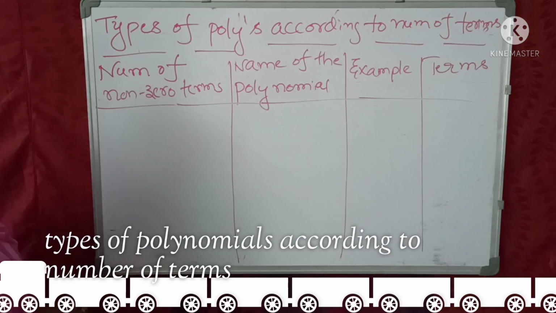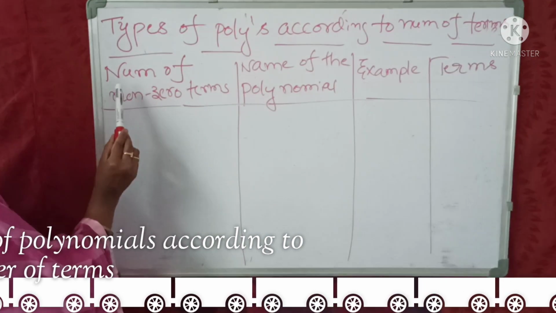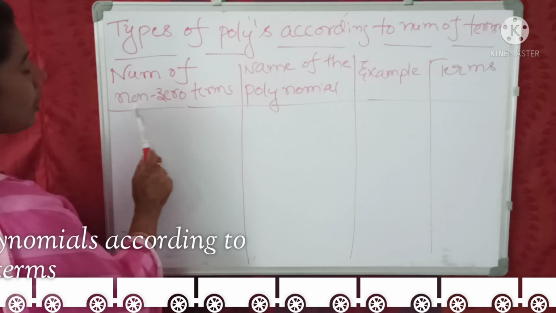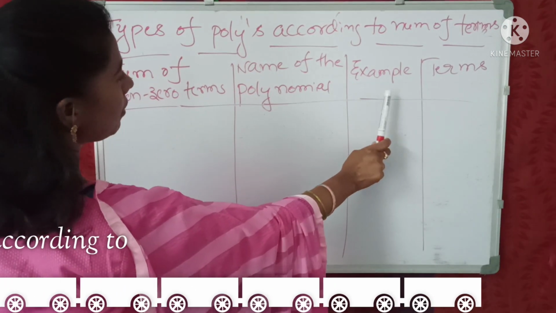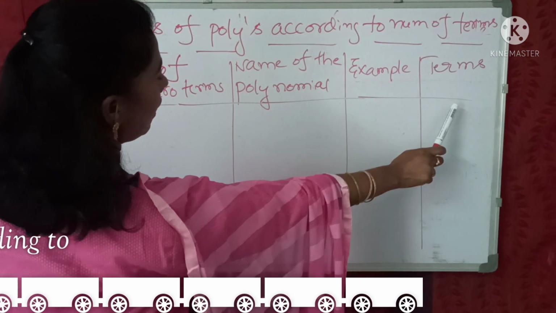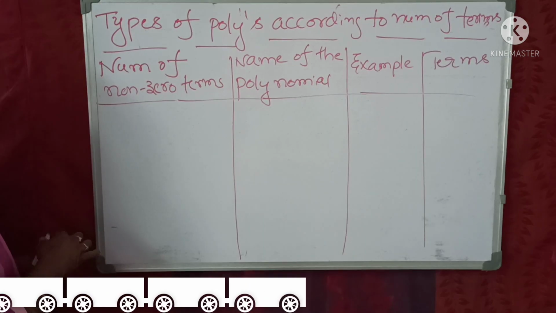Students, as part of types of polynomials according to number of terms, the table given has the number of non-zero terms, the name of the polynomial, an example for the name of the polynomial, and the terms of the given polynomial.